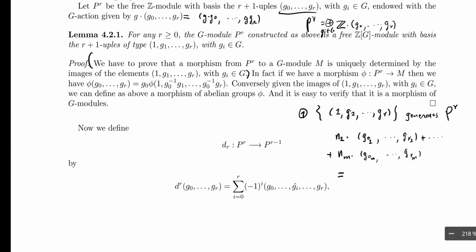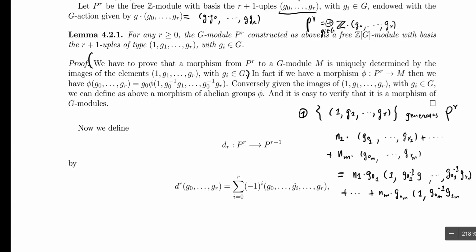But it is n_1 times (g_01)^{-1}(g_01, g_02, ...) and so on, (g_01)^{-1} g_R1, plus n_M times (g_0M)^{-1} g_1M.